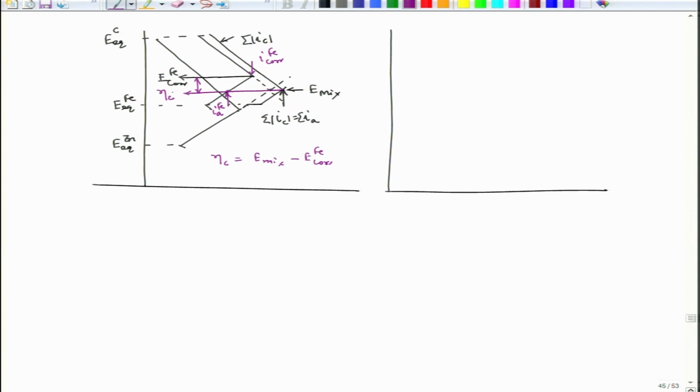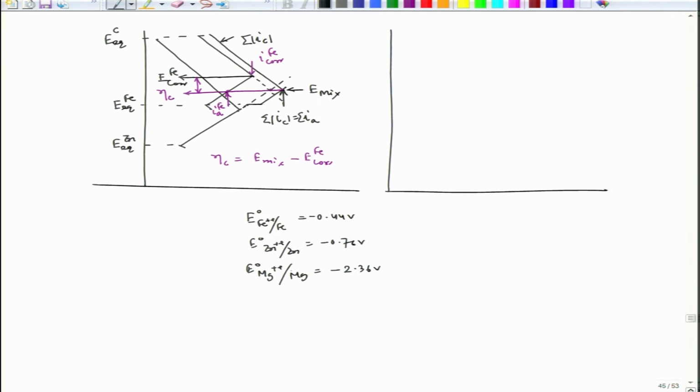Now, how can we increase it? Let us say if I take magnesium, and we know that if we compare the E naught, rather reduction potentials: E naught of iron is minus 0.44 volt, E naught of zinc is minus 0.76 volt, and E naught of magnesium is minus 2.36 volt.